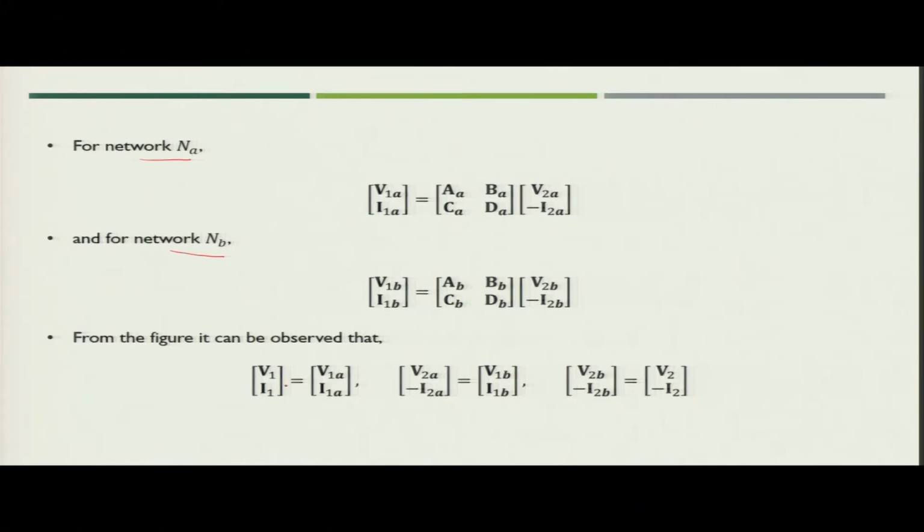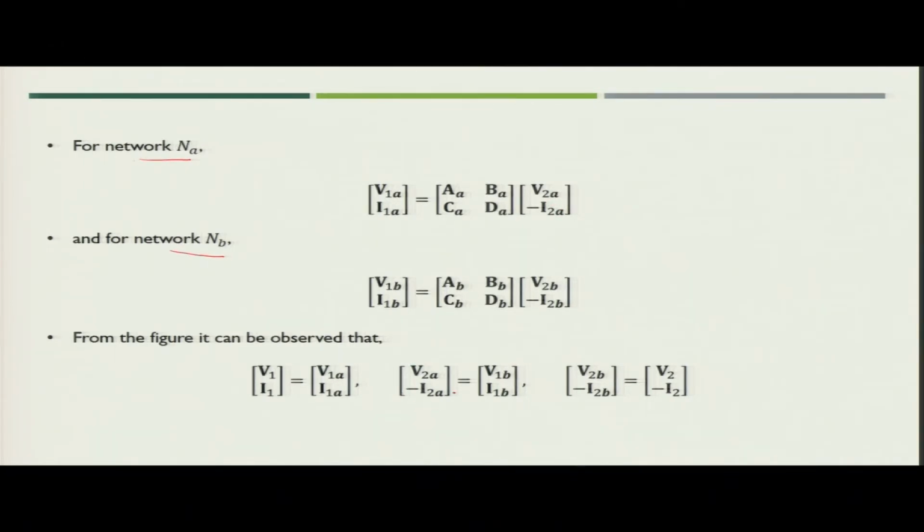We can write that V1 I1 is nothing but V1A I1A. So, this can be replaced with the V1 I1 vector, and then it is equal to the ABCD parameters of network A multiplied by the V2A minus I2A vector.